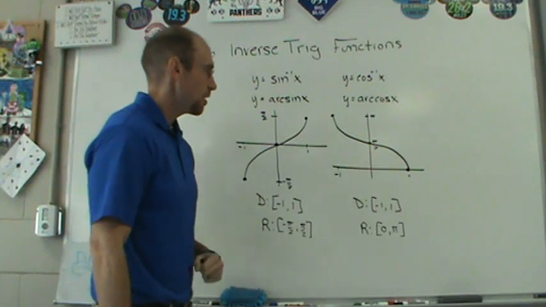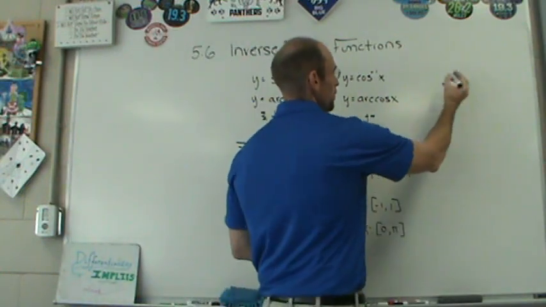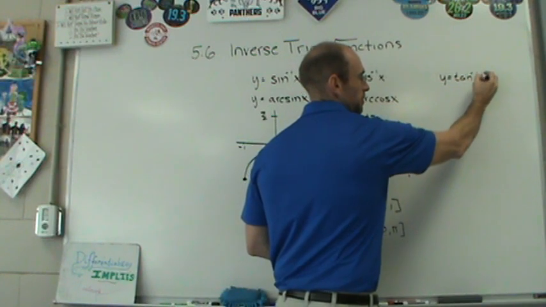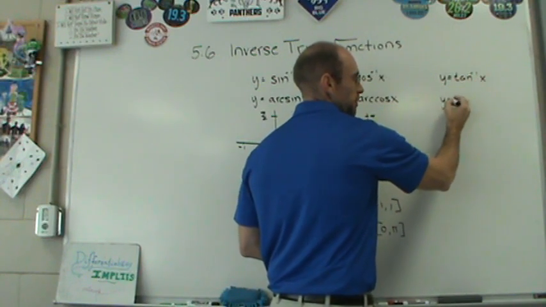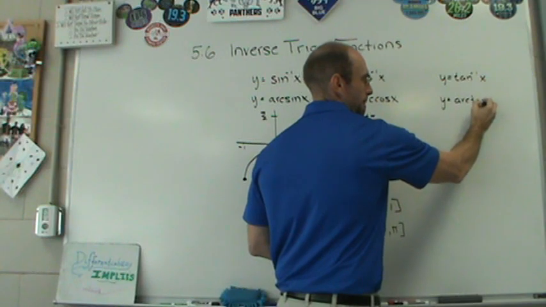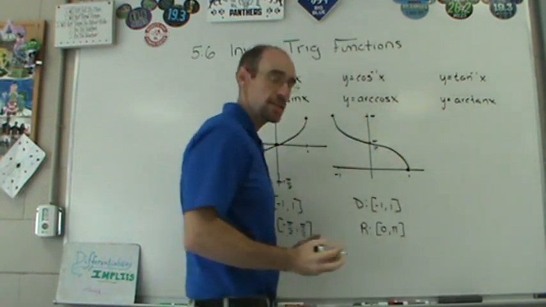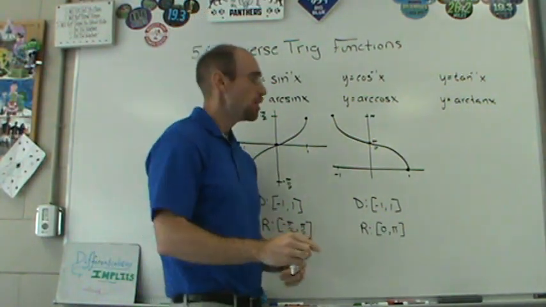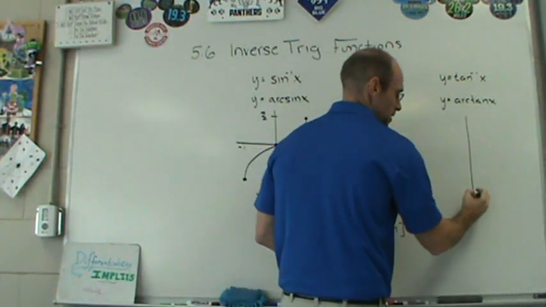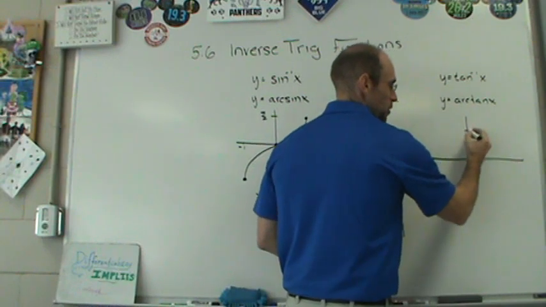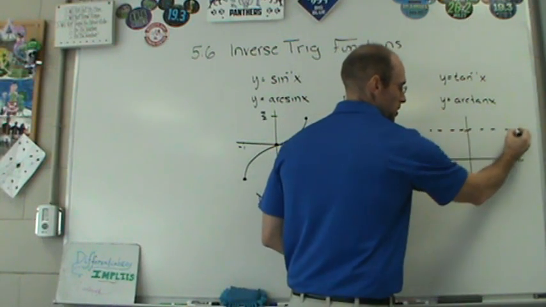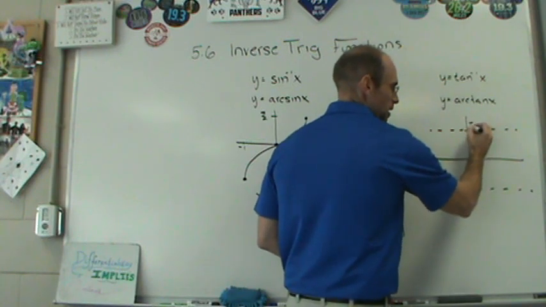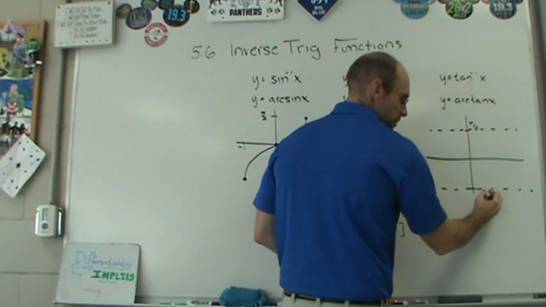And then our last one for this set is going to be tangent. So inverse tangent, or arctangent. Now tangent usually has vertical asymptotes and looks like a cubic graph. Well, now we actually flip those to horizontal asymptotes, and they would be at pi over 2 and negative pi over 2.